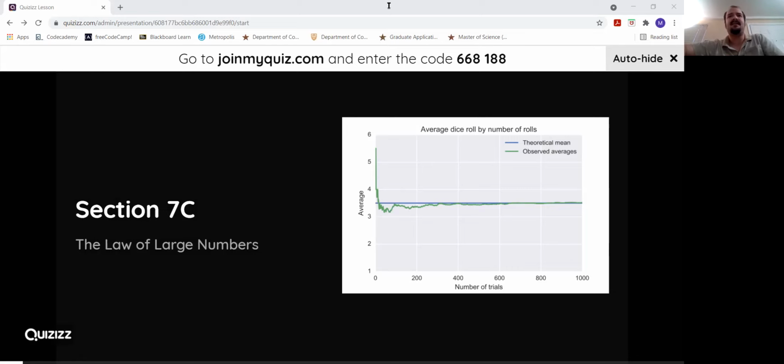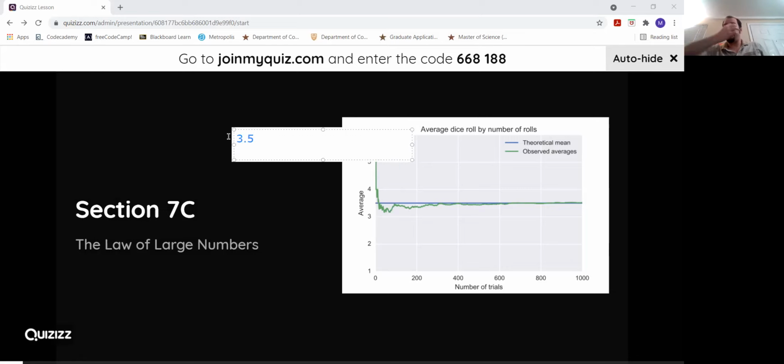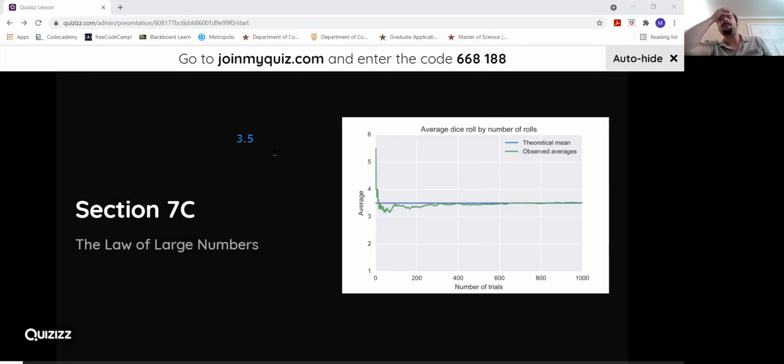If we average the sides on a dice, we add up 1, 2, 3, 4, 5, 6 and divide by 6, you might figure out we're going to get the number 3.5. And so theoretically, we should be rolling an average of 3.5. And so the law of large numbers, oh man, I really thought I grabbed something with the coin flip and probability, but I think I messed up maybe a little bit.